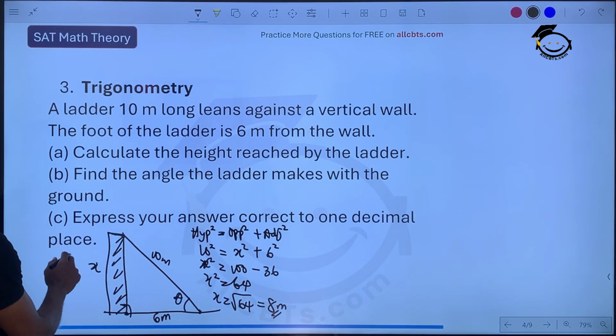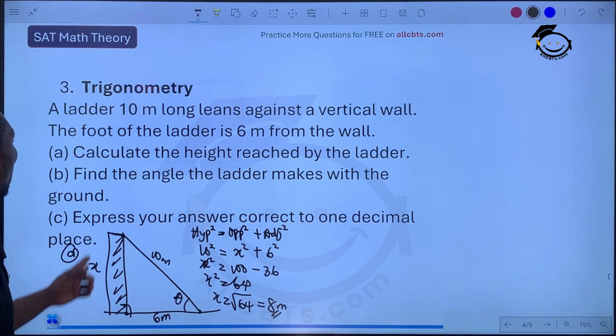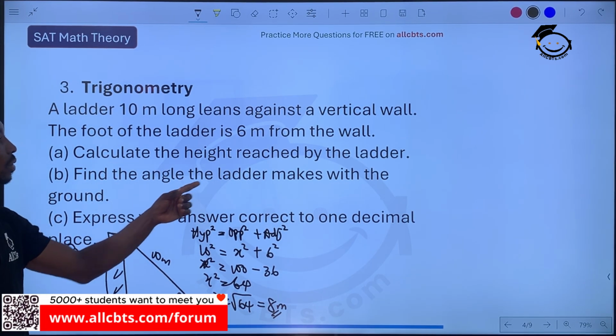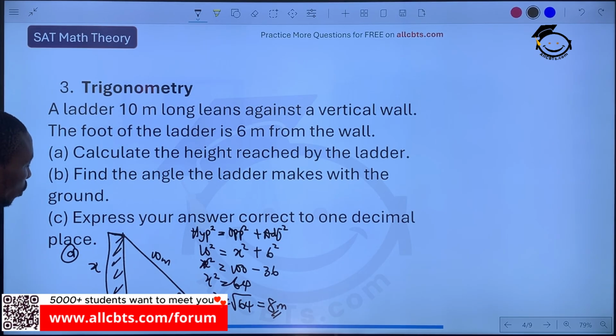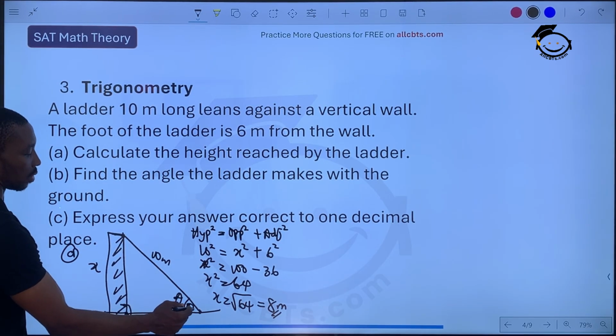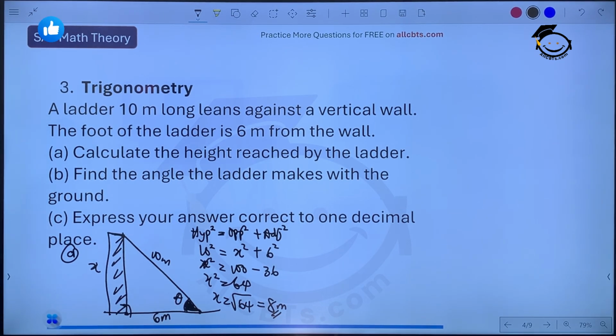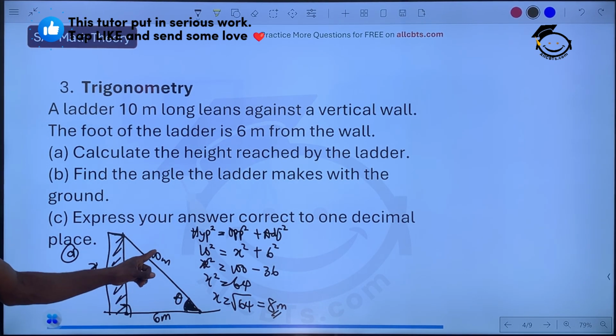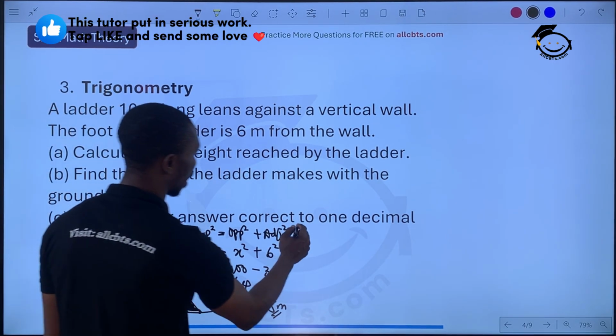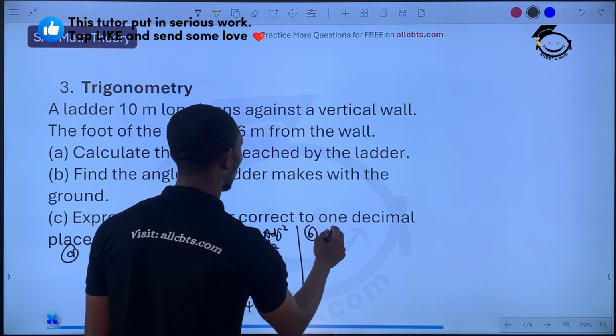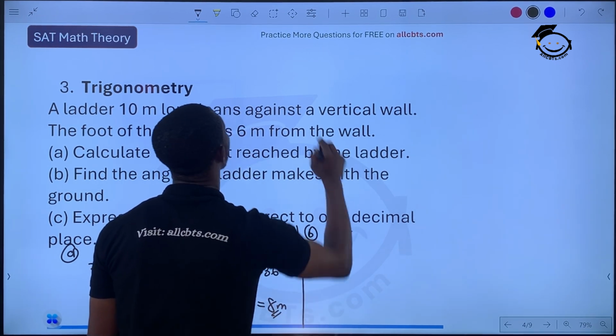Okay, that's for A. Then the B part says, find the angle the ladder makes with the ground. So the angle the ladder makes with the ground would be theta. Now, since we are given hypotenuse, opposite and adjacent, we apply the SOHCAHTOA rule.